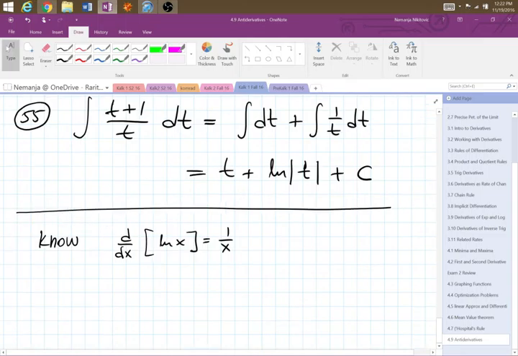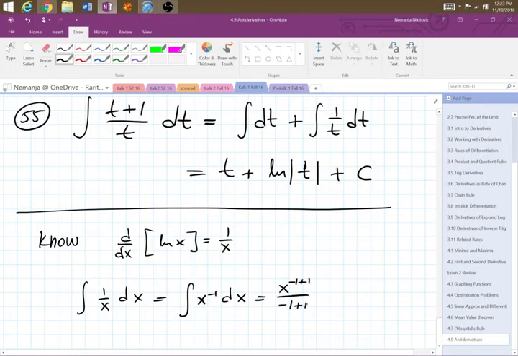If you are to take the integral of 1 over x dx and write it as x to the minus 1 dx and try to use the formula, which would be x to the minus 1 plus 1 over minus 1 plus 1, you will get x to the 0 divided by 0. You see, it doesn't work. You have to memorize it. So let me just strike the red line and say nope.